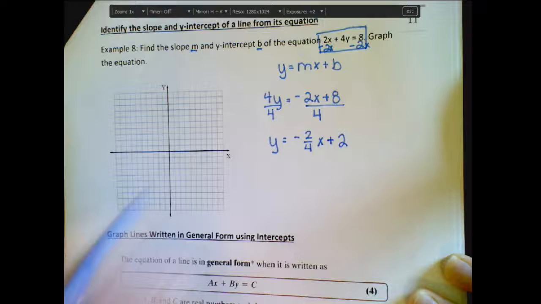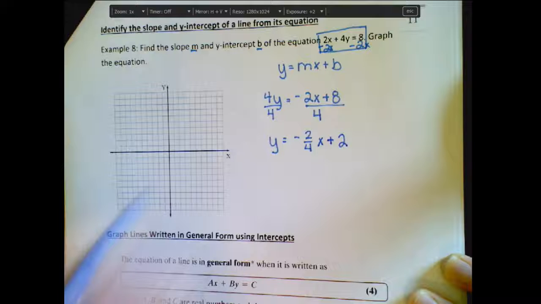Our m, we're going to pull right from here. Our m is also known as our slope. So our slope is negative 1/2. And our y-intercept, or our b, is at 2. What that means is on the y, we should cross it at 0, 2.